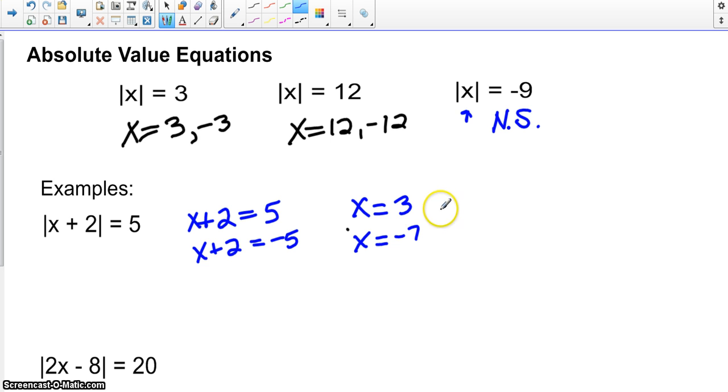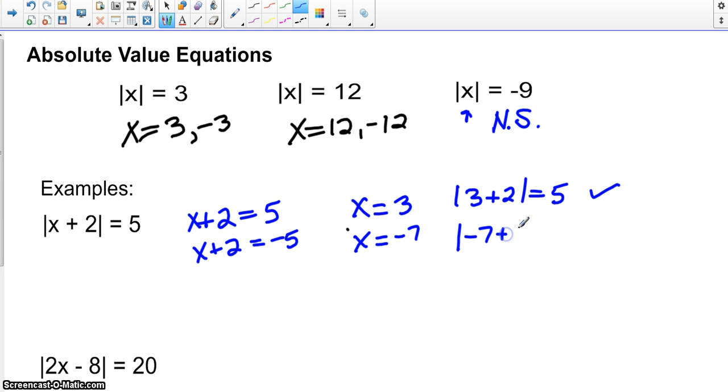Okay? Now, just to show you guys that both of those answers work, if I plug 3 into the original equation for x, I get the absolute value of 3 plus 2 is equal to 5, and I can see that's going to work because this is a 5 and absolute value of 5 is equal to 5. If I throw the negative 7 in there, let's see what happens there.